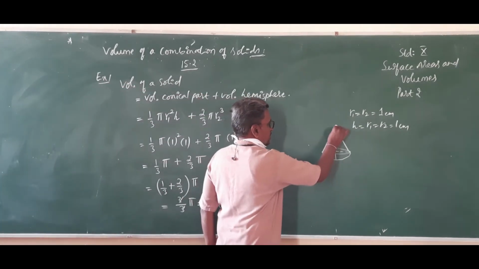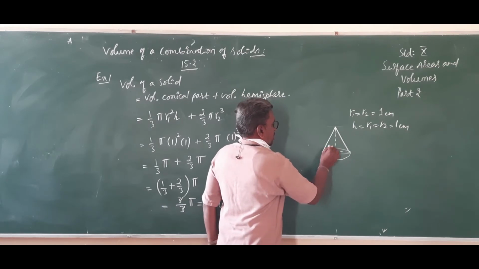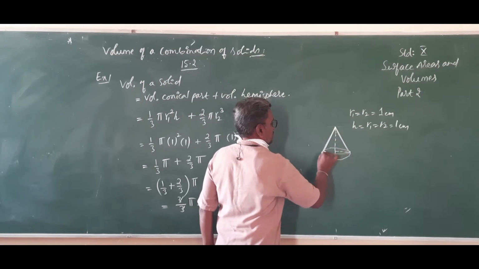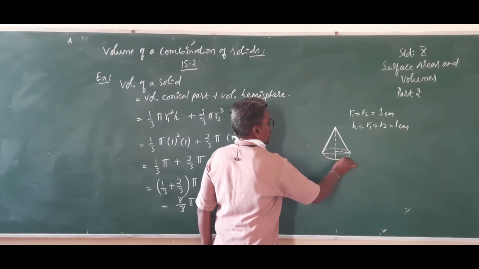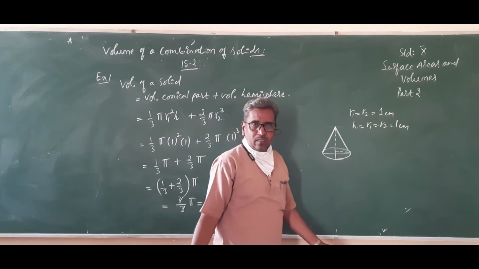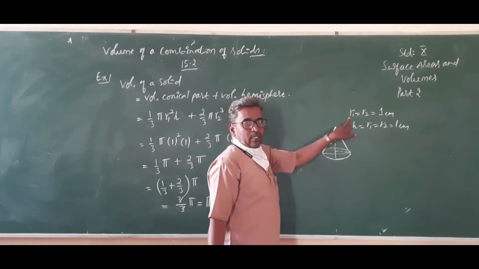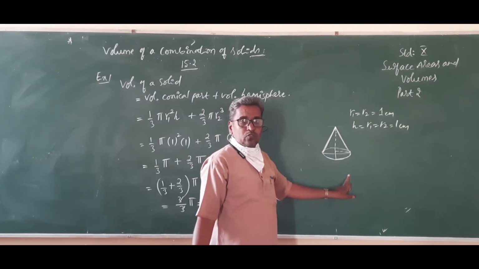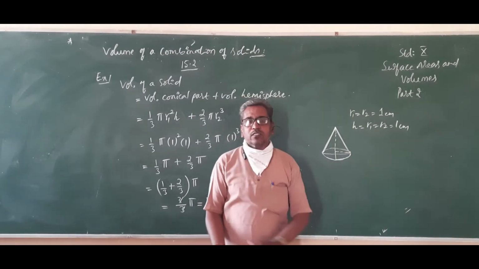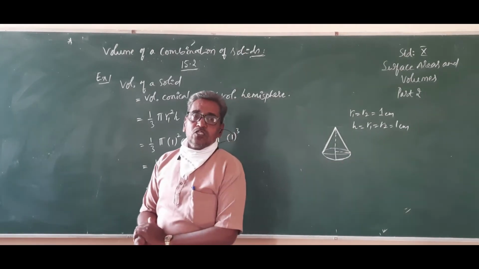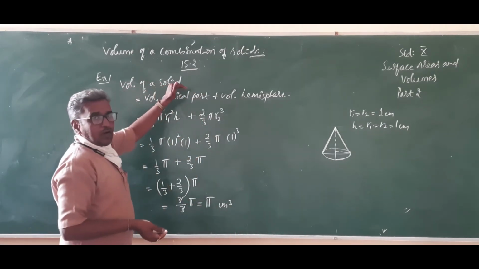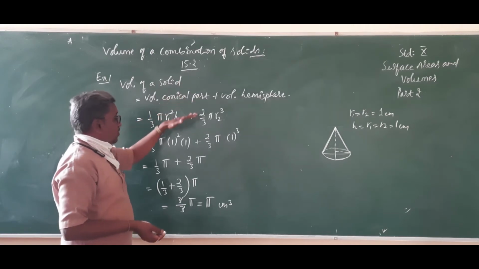When it is given that a cone is standing on a hemisphere, with the radius of the hemisphere equal to the radius of the cone, and the height of the cone also equal to its radius, the solid is formed, and then its volume is calculated in terms of pi.